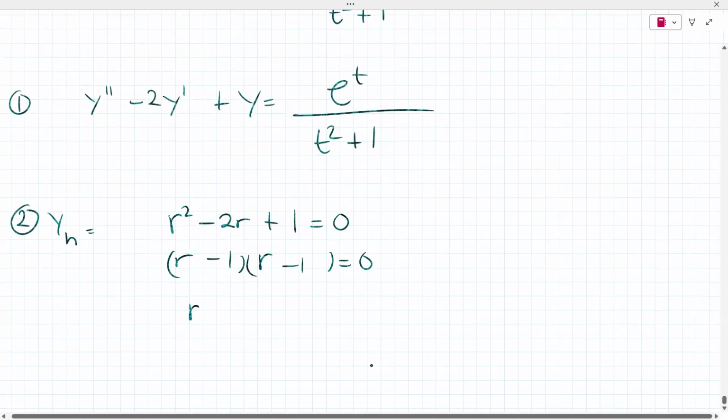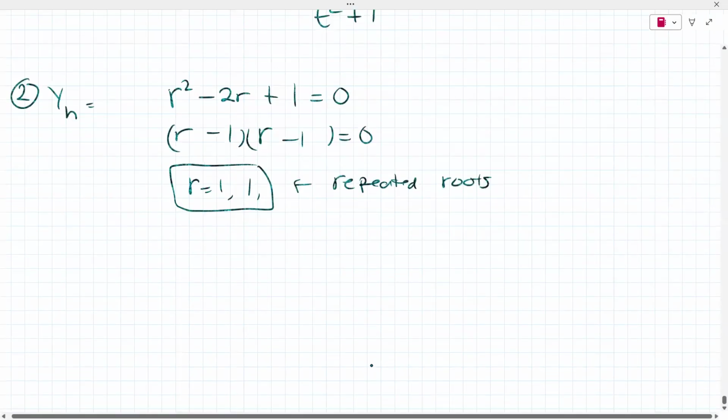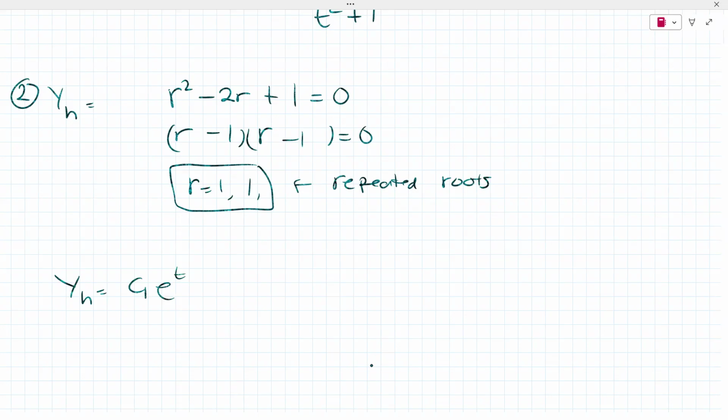As you can see, my r value is positive 1 and positive 1, so you have a repeated root. So my yh is c1 e^t plus c2 t e^t.